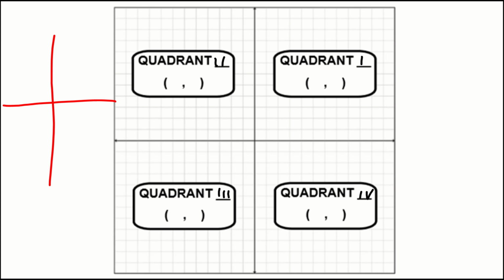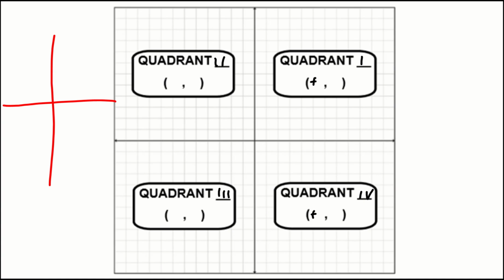Then the other thing we want to do is know what the signs are in each quadrant. So our x-axis goes from left to right. Which direction's positive? Right is positive. So any quadrant on the right side is going to have a positive x value.